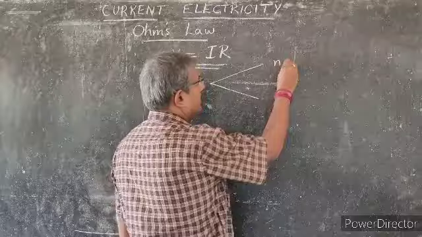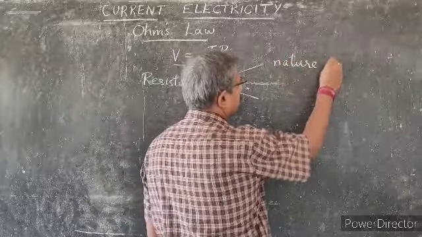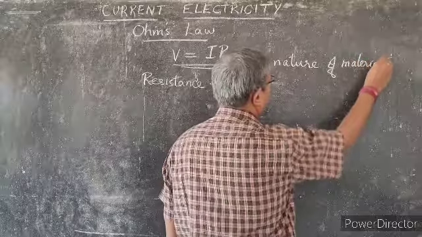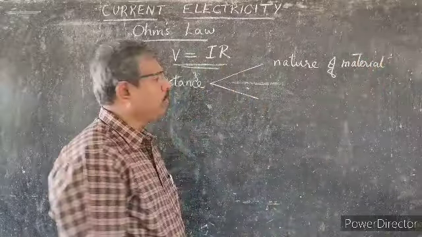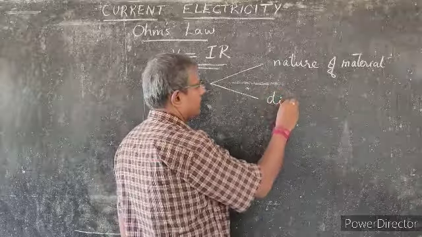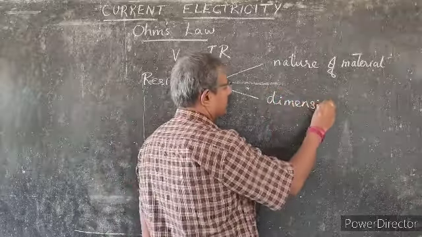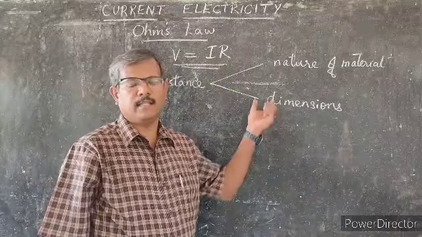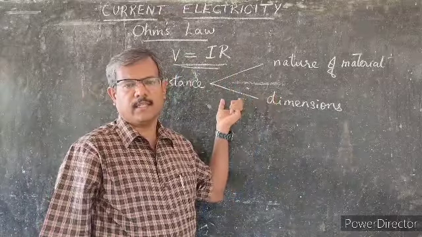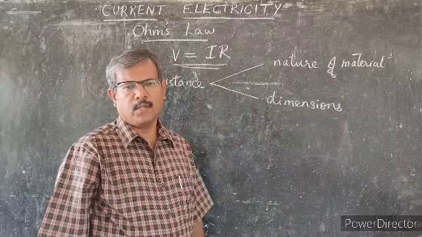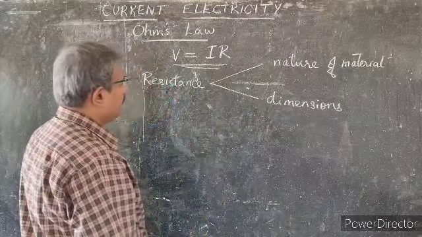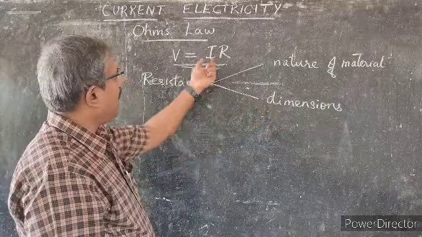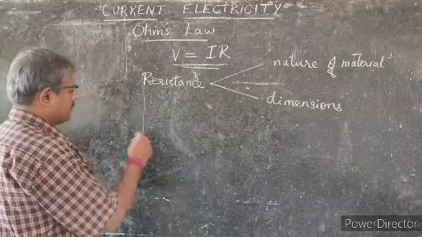One, it's dependent on the nature of material, and two, it's dependent on the dimensions of the material that is in question. So let's do a couple of demonstrations on how R is dependent on dimensions.